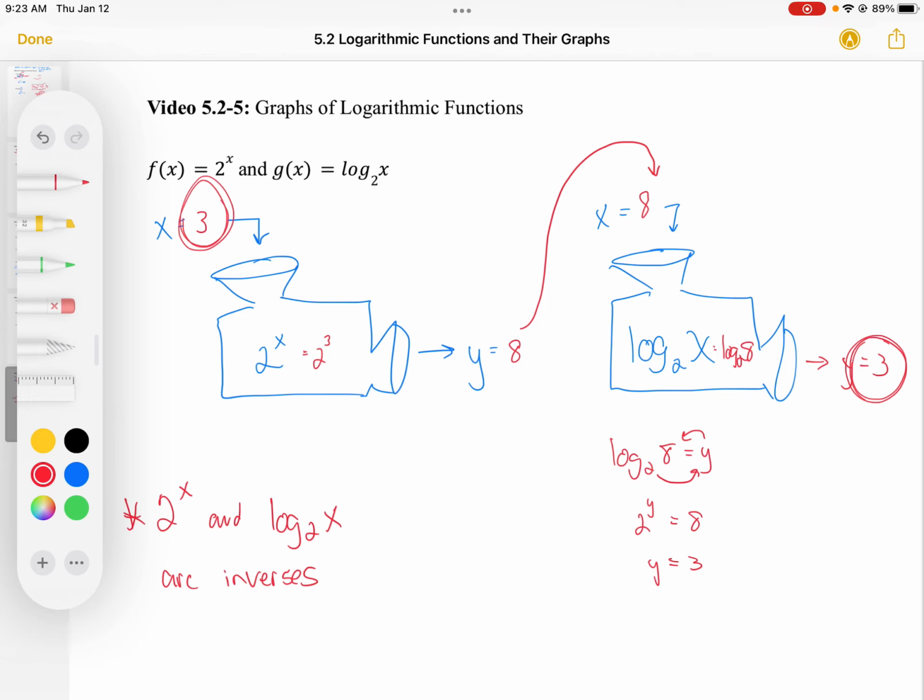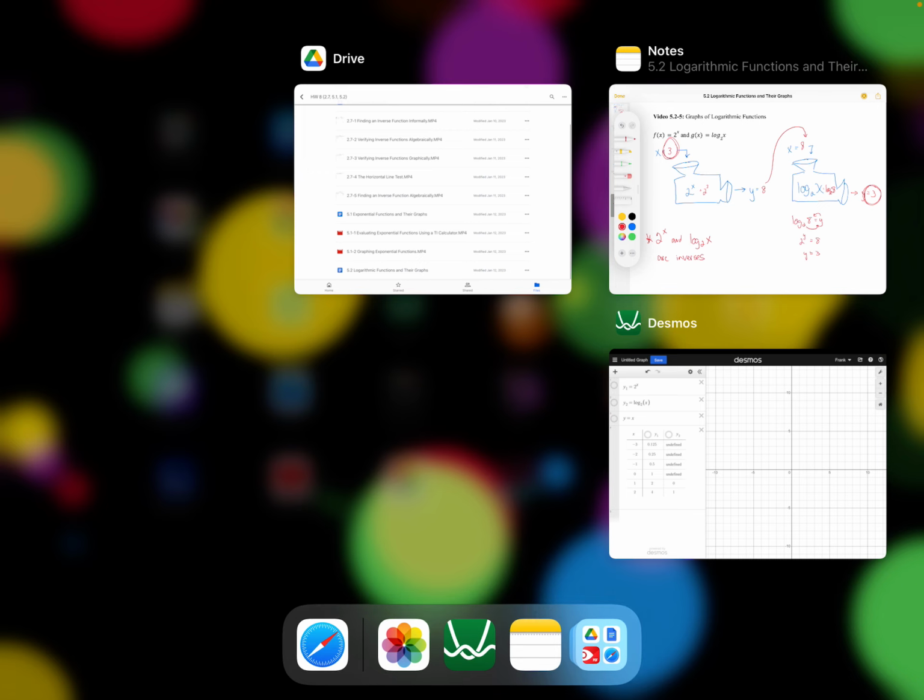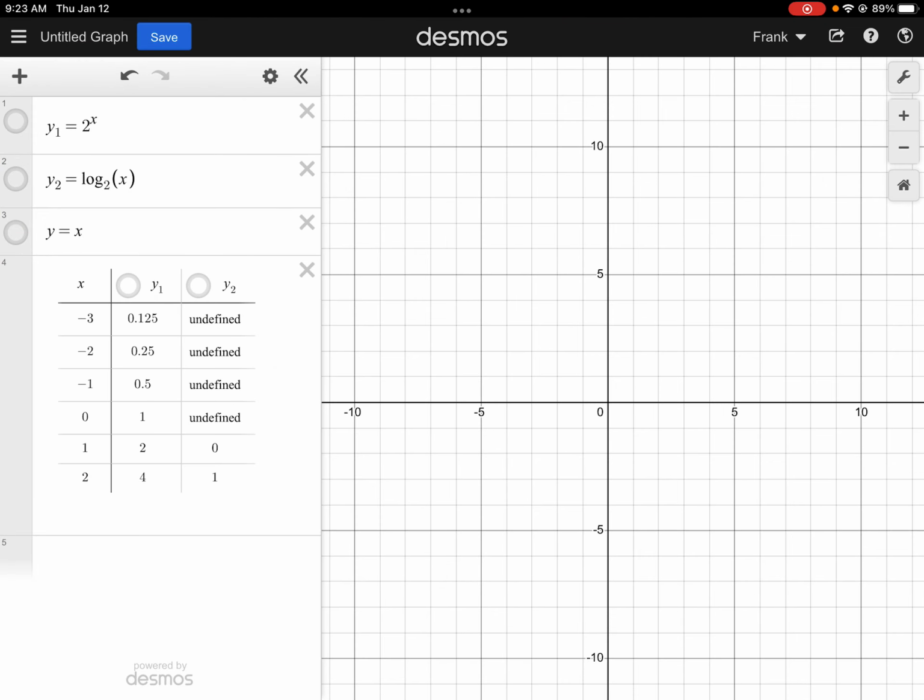Now let's investigate the graphs of both of these functions. So I'm in Desmos. I'm going to plug in -3 through 2 into 2 to the power of x. And you can see I get that classic exponential function.